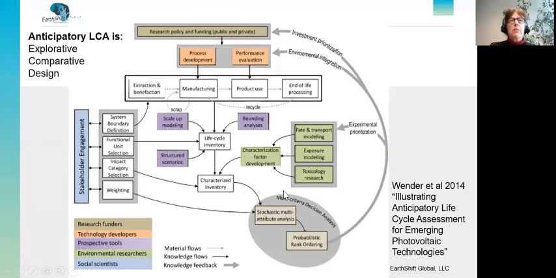Valentina talked a little bit about how characterization factors can be developed if you don't have them for the product that you're developing. Then stakeholder engagement. Stakeholders can help us understand where the critical characterization factors and critical environmental impacts are that we want to look at, and how important each one of those is.